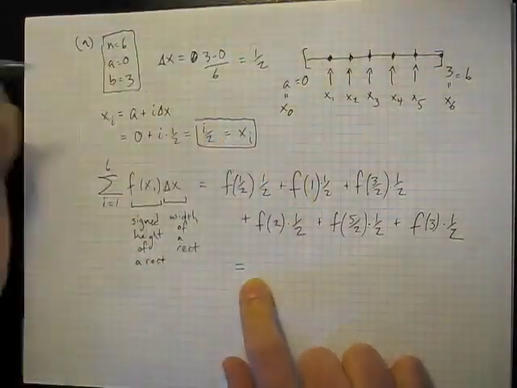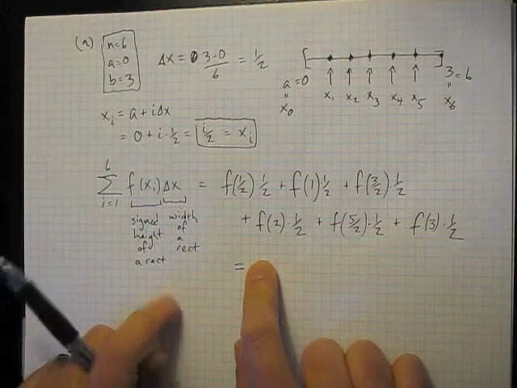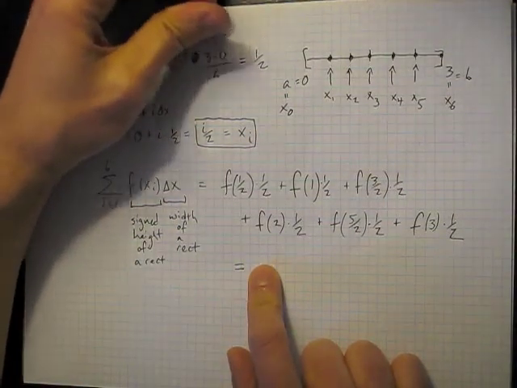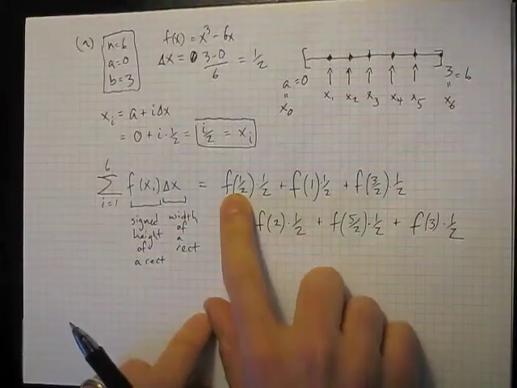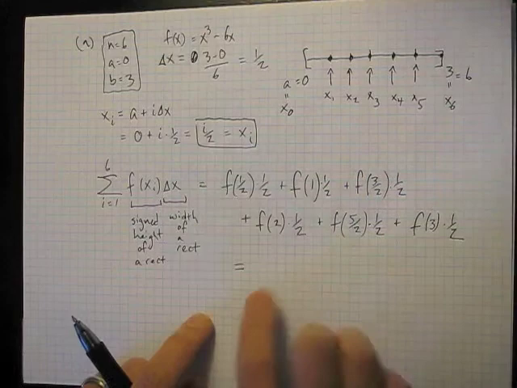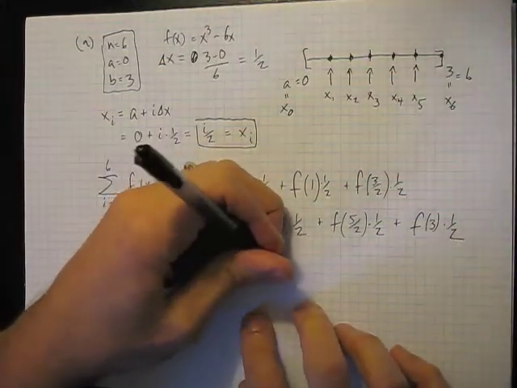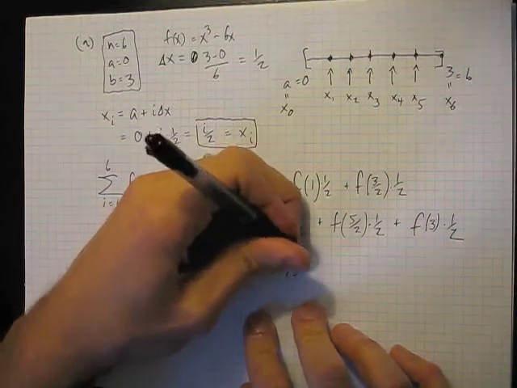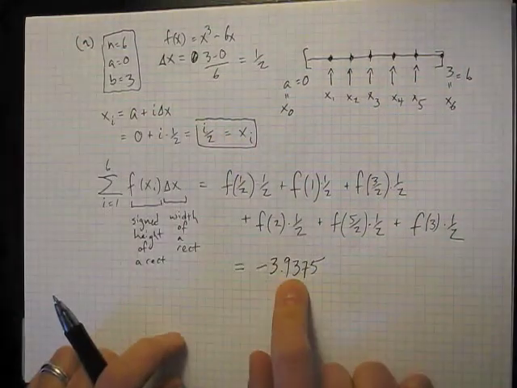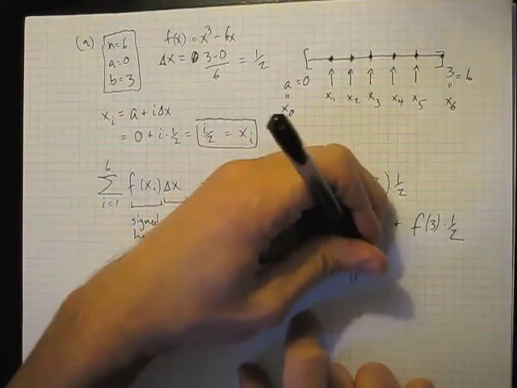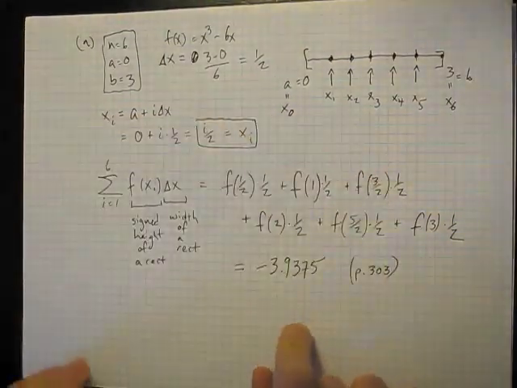And if you do this calculation out, remember our function is x cubed minus 6x. If you plug 1/2, 1, 3/2, all of these numbers into f and do this calculation, then what you will get, I think, is minus 3.9375. Okay. This calculation is done in the book as well on page 303 if you want to follow along in the textbook.